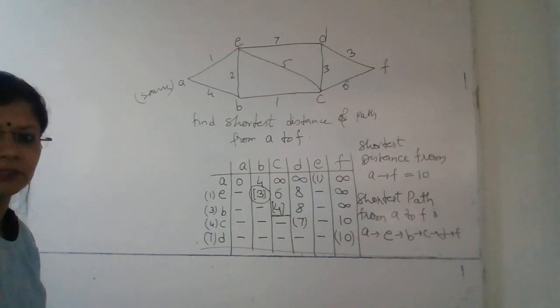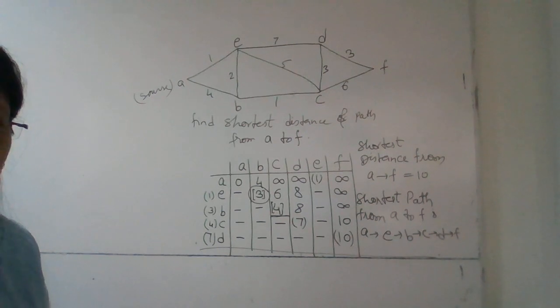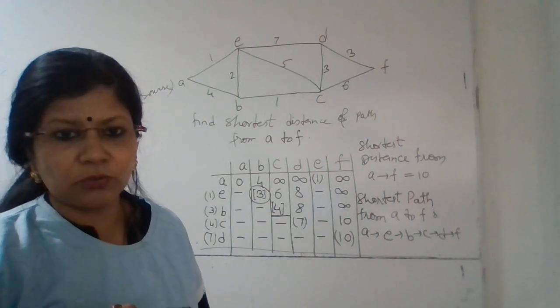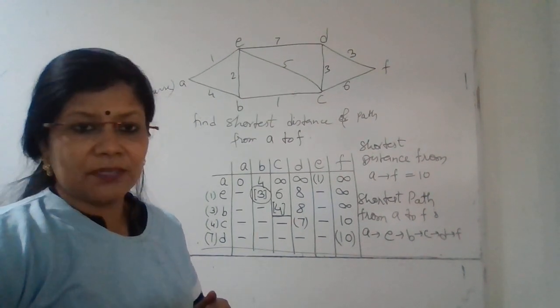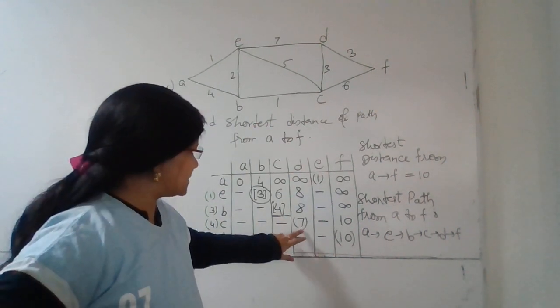And if you have a question to find the shortest distance from A to D, then stop your process when you find the minimum value in the D column. That means 7.